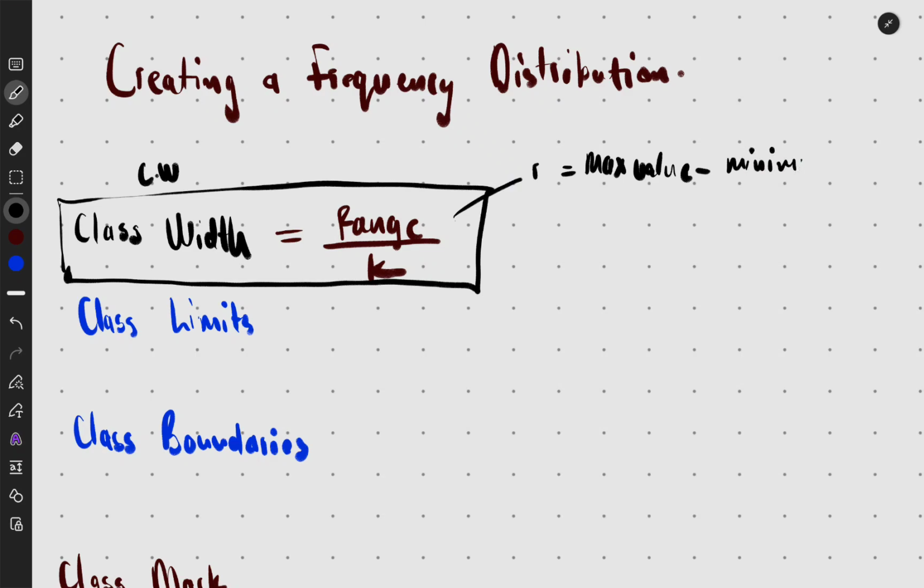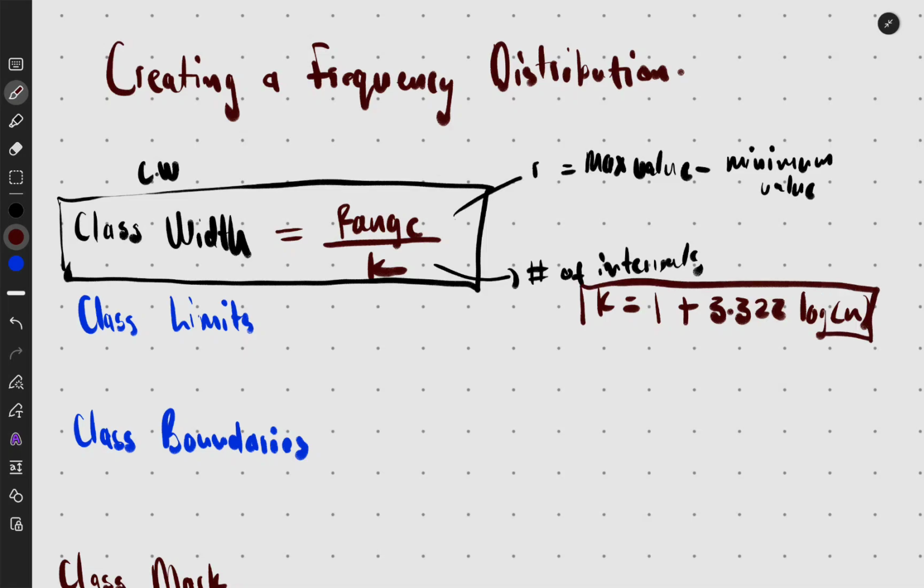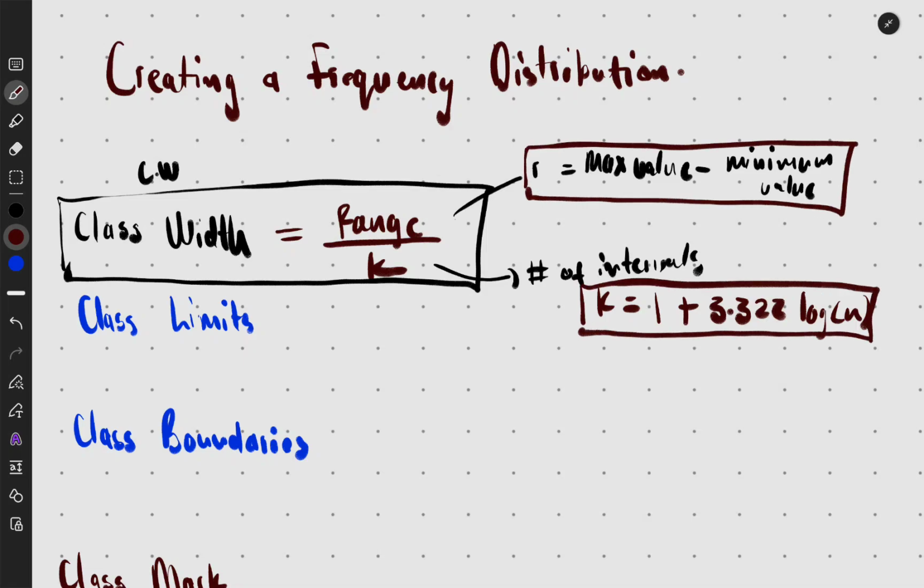And here you'll be dealing with ungrouped data, but there are things I want you to start knowing. K is the number of intervals, and you get it using Sturges' formula, where K is equal to 1 plus 3.322 log of the number of things. This would help you to get range and k. Then you'd find class width by saying range over k.